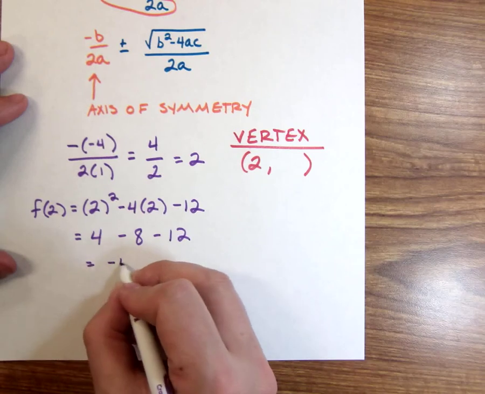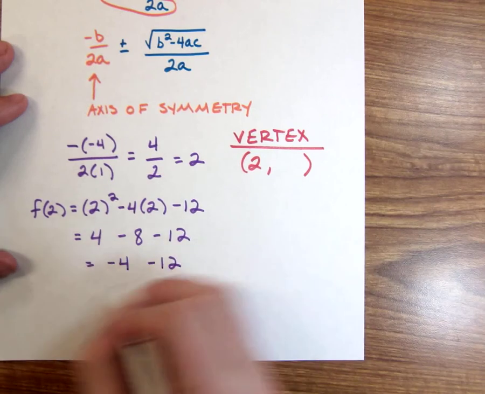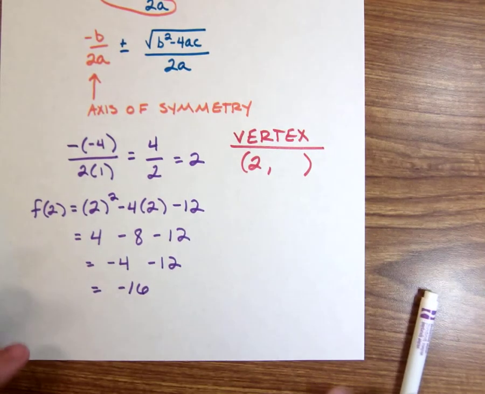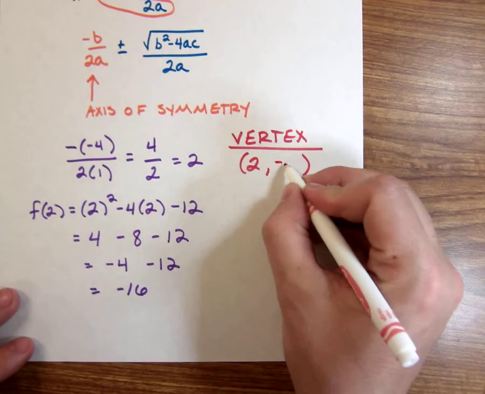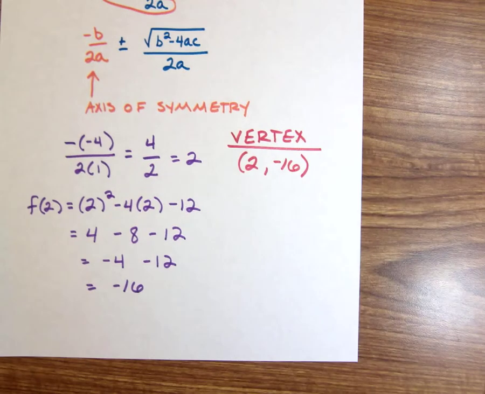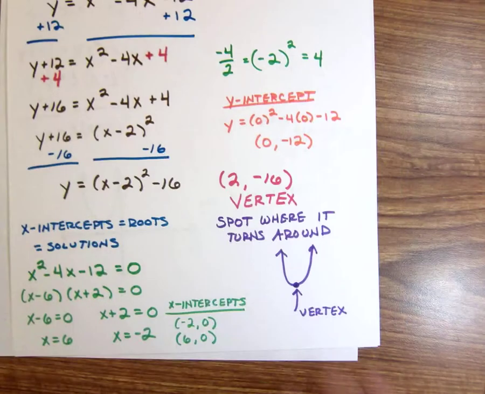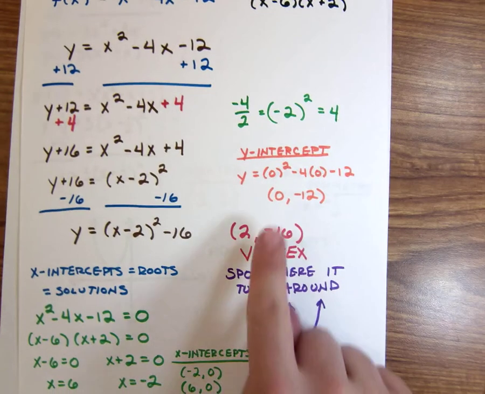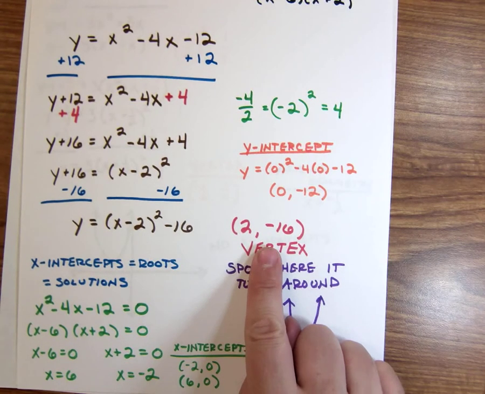That is -4 minus 12, which is -16. So my vertex is 2, -16. Okay, so let's check and make sure that we did that right. Hey, look, there's the first problem we did. X squared minus 4x minus 12, and the vertex was 2, -16.